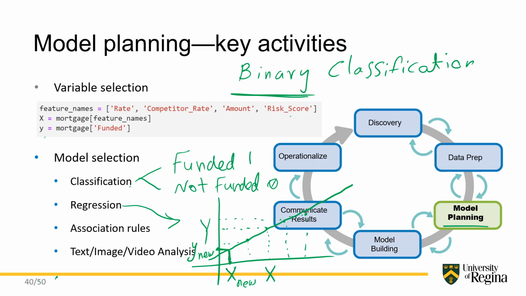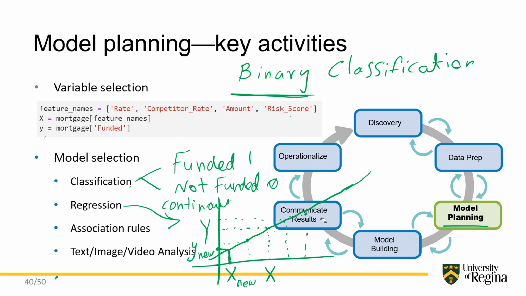So for each x, I could get exactly a specific number on this line. That's why regression works best for continuous data and variables in the output.